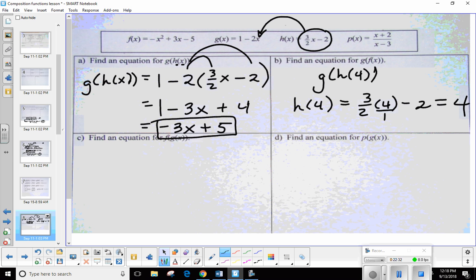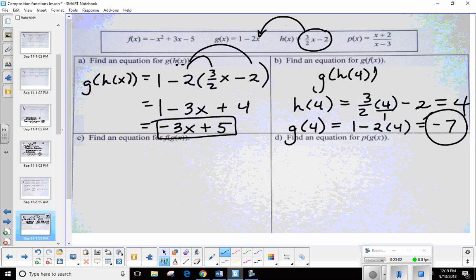The output, the answer I get from the inside function, is now going to plug into the very next function, which is g. So now I want to find g of 4. That would be 1 minus 2 times 4, right? Is everybody following along how I'm doing this? So what's 1 minus 8? Negative 7. There we go. Would everybody agree?